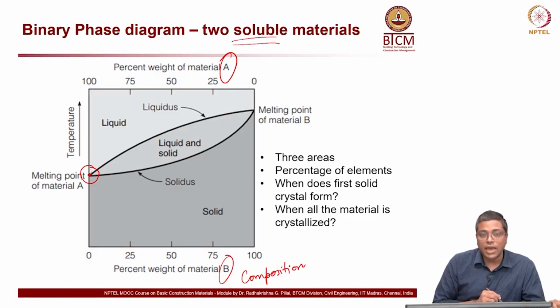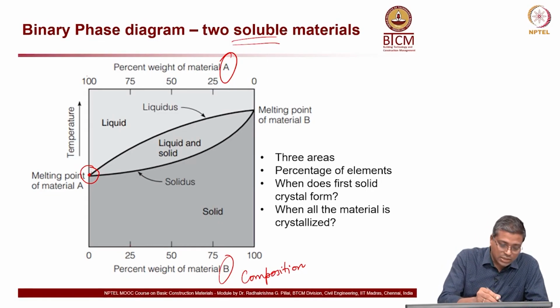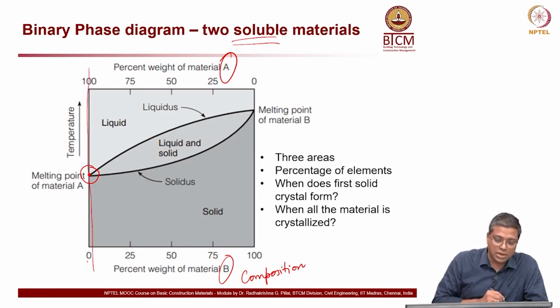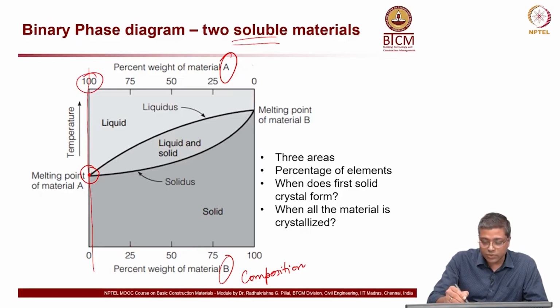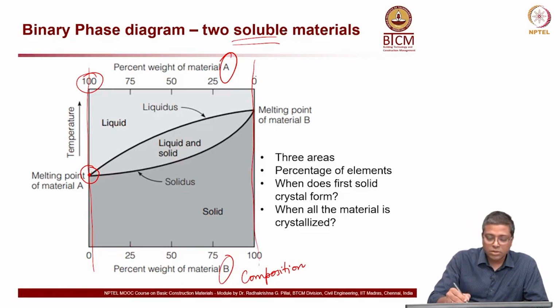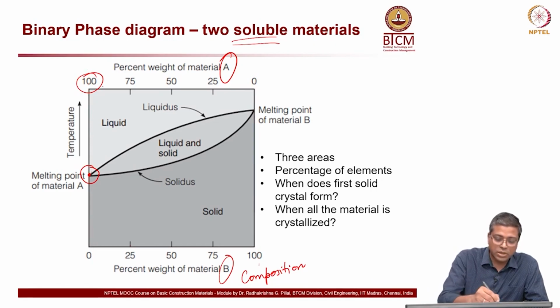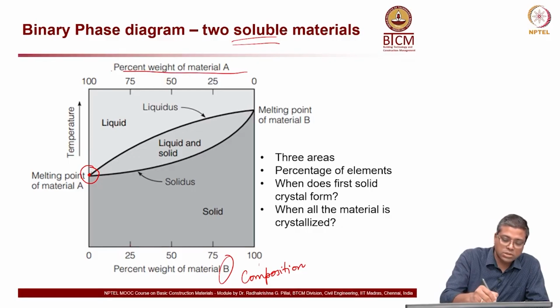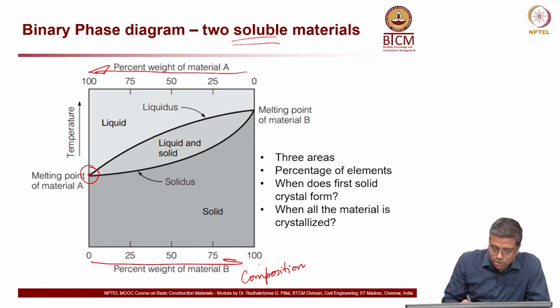Of material A, because at this line you have only material A, it is 100% A and 0% B. Now, if you go to the right end of this graph, this is 100% material B and 0% material A. So this clarity should be there, because A increases towards left and B increases towards right.